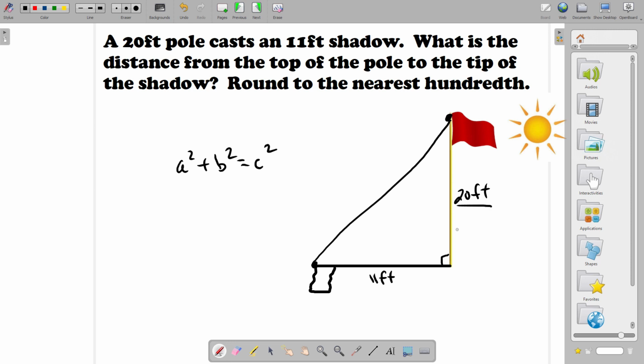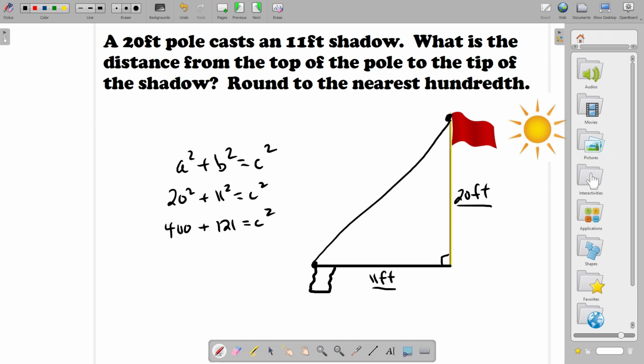We put in the length for our legs, 20 squared plus 11 squared equals c squared. 20 squared is 400. 11 squared is 121.